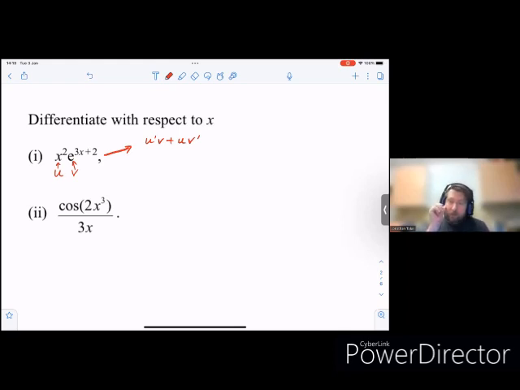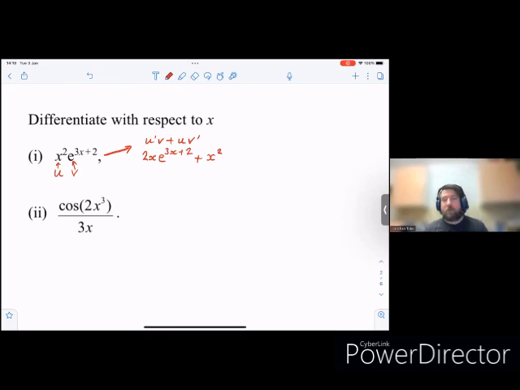So we could just put all those values straight into the formula. If u is x squared, then u dash is 2x. v doesn't change, it still stays as e to the 3x plus 2. And then we add u v dash. So u is x squared.